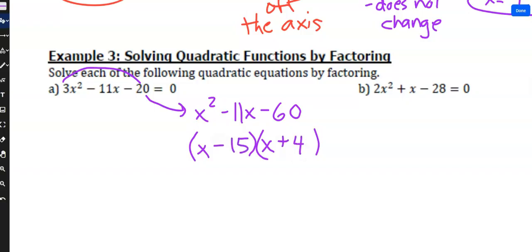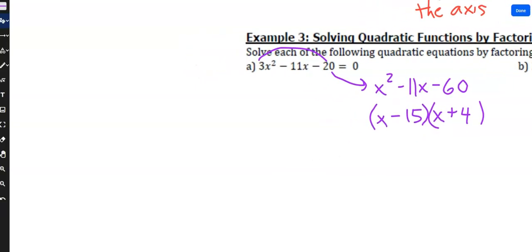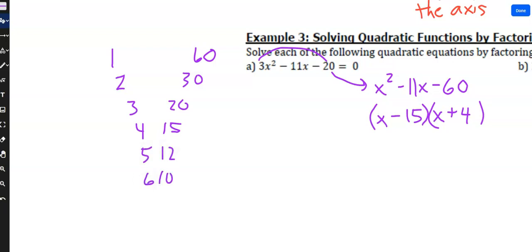Remember, you write down all your factors. 1, 60, 2, 30, 3, 20, 4, 15, 5, 12, 6, 10. Man, there's a lot of things that go into 60. All right, so it is 15 and 4. That's the one that's going to give you the minus 11 in the middle. And then, of course, the 3 magically comes back in front of both of the x's.